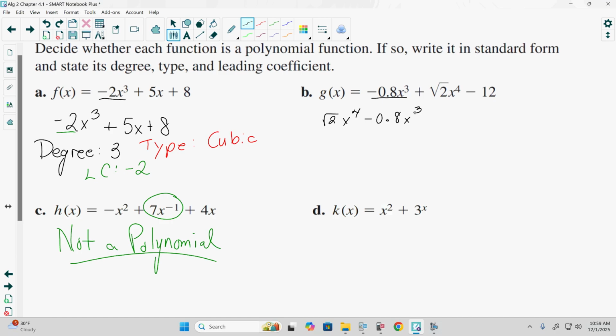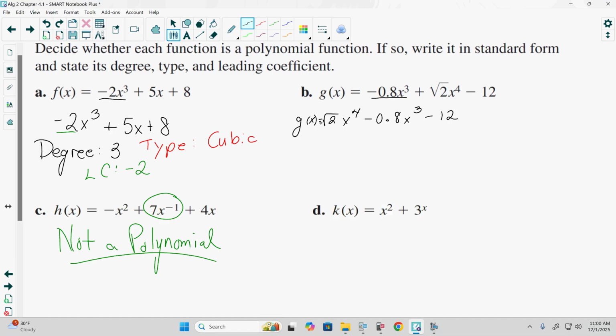Then our x term, which we don't have, followed by our constant. So, standard form for this here would be the square root of 2 times x to the fourth minus 0.8x cubed minus 12. So we're going to go x to the fourth, x to the third, x squared, x, constant term. We want that decreasing power from left to right.